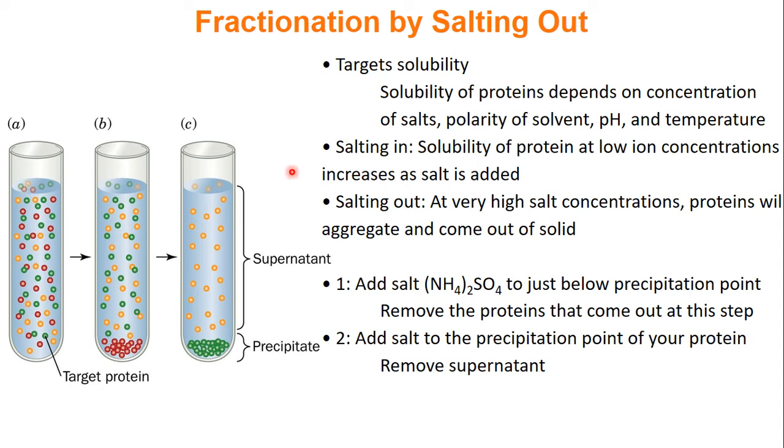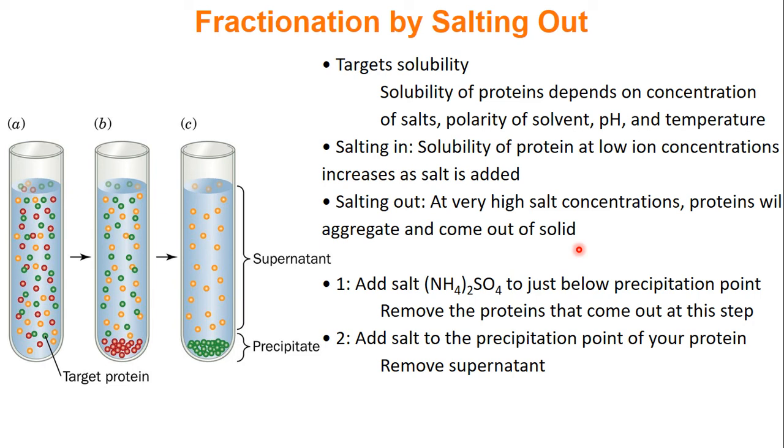We see that at low ionic concentrations, that is low concentrations of salt, solubility of a protein actually increases the more salt we add. While salting out is kind of the opposite. If you're already at high salt concentrations, proteins will actually aggregate and come out of solution the more salt you add.